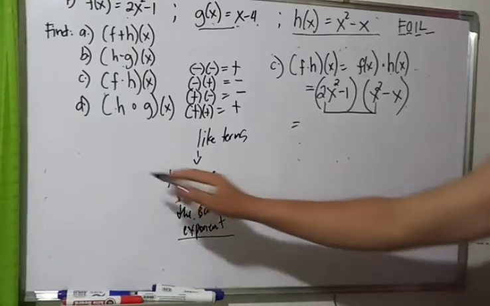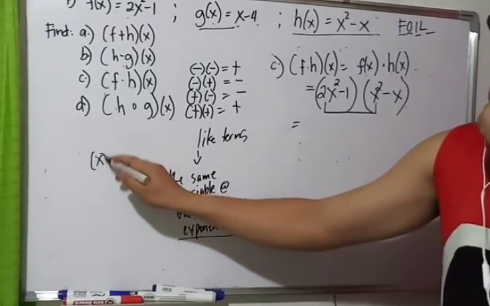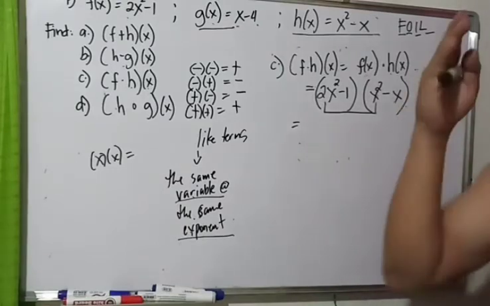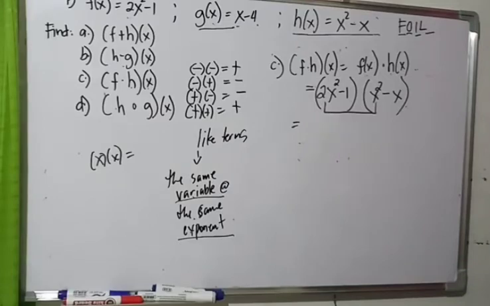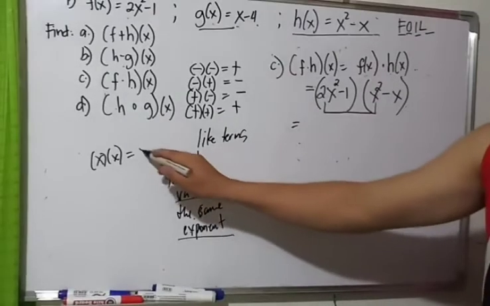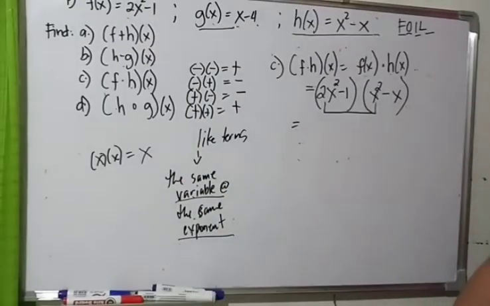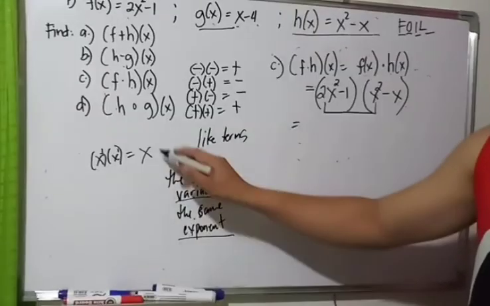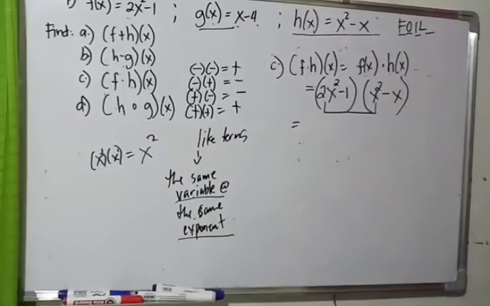So for example, x times x, what is the answer? So when you multiply variable, just add the exponent. Okay, so that is x, copy the variable, and add the exponent. So ano yung exponent natin? So understood na may 1 dito, may 1, so that is x squared.